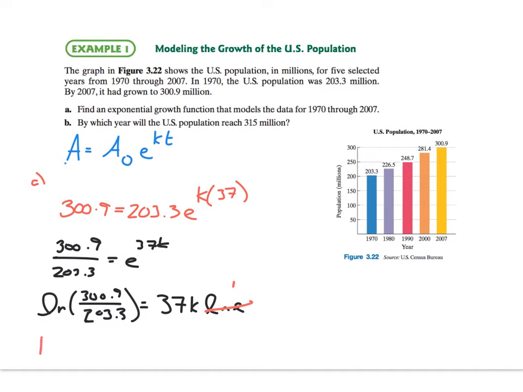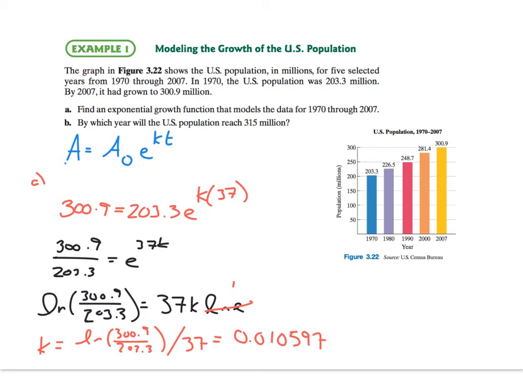So k is equal to the ln of 300.9 over 203.3, all divided by 37, which is equal to 0.010597. Of course, I used a calculator to figure that out.